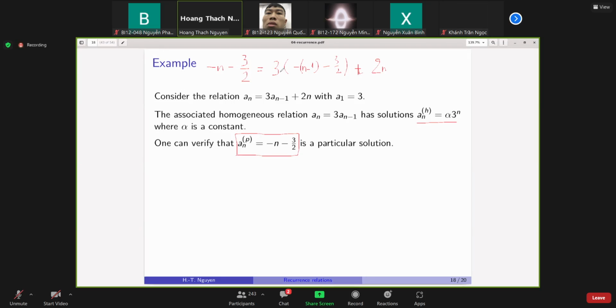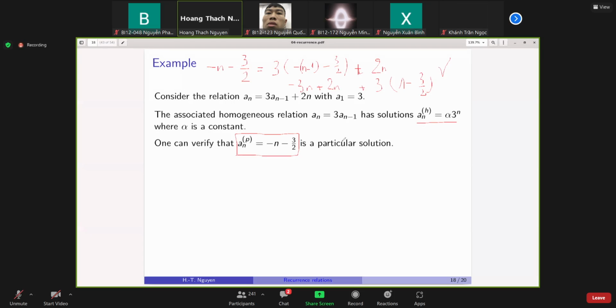I think so. You can verify that this satisfies this relation. Here, if you take n, you have minus 3n plus 3n, plus 3 times inside you have 1 minus 3 halves. So it's true. This is a particular solution to this relation.